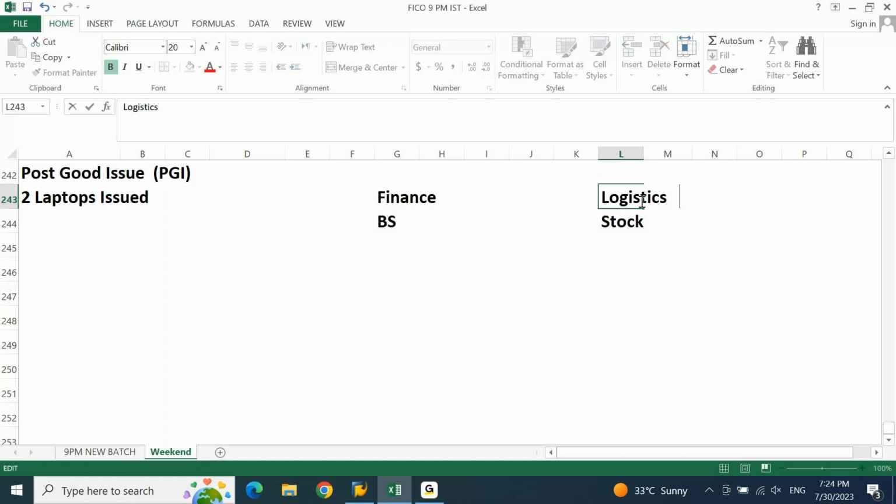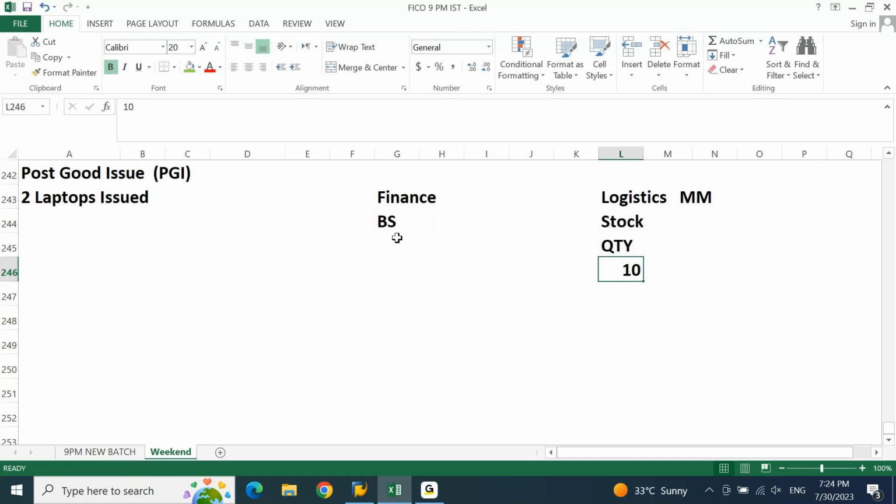Here I am going to look at the stock. This is going to display only the quantity. I would say the available quantity currently is 10 quantity in stock. Now on your finance side, on your balance sheet, the value of this 10 stock is represented.